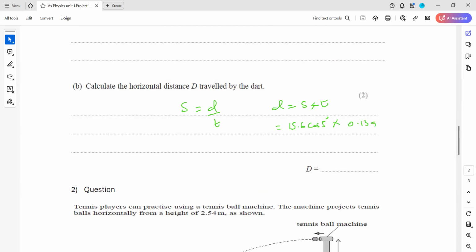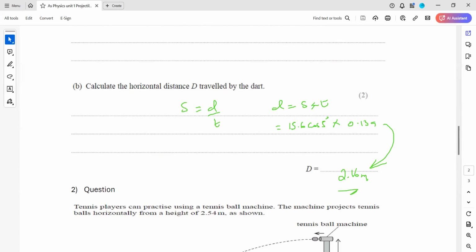So 0.139 second is the total time it takes to hit the dartboard. When we multiply, this will give us the range, which is 2.16, and the unit will be meter.